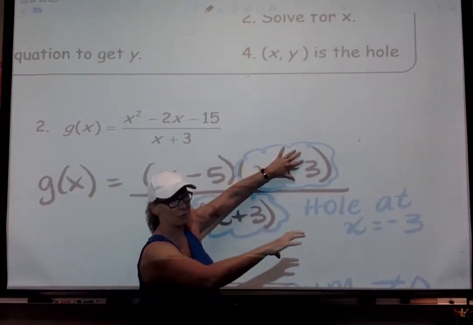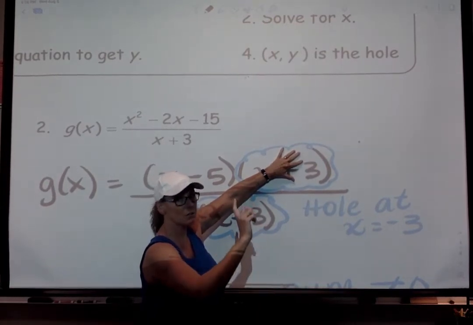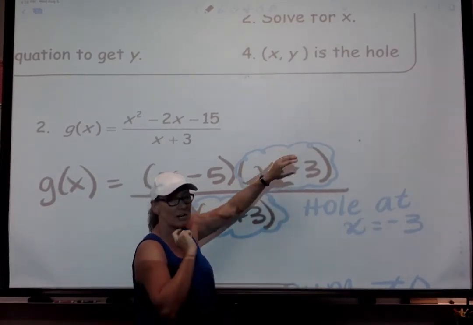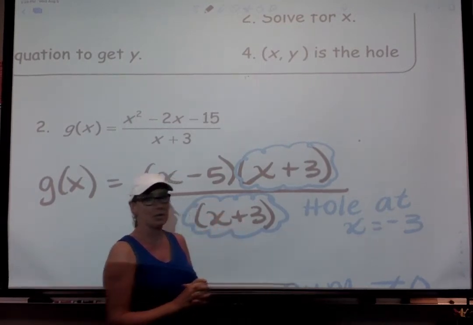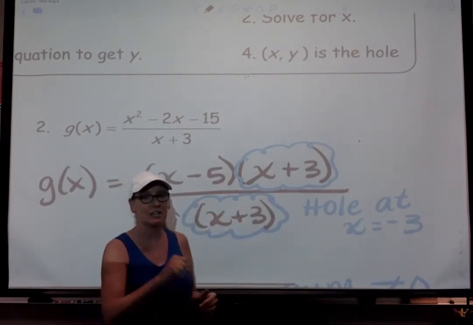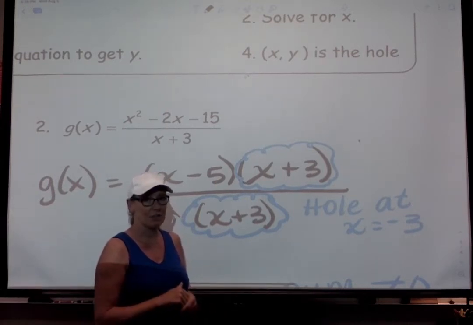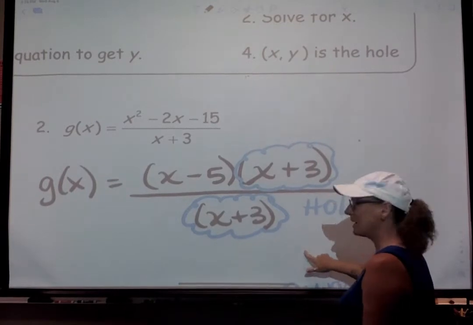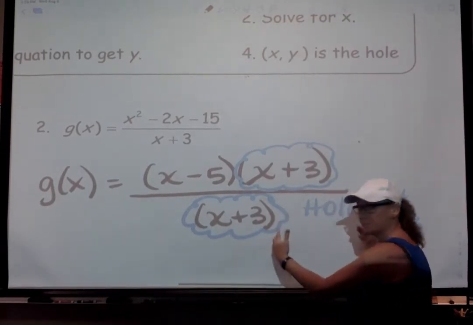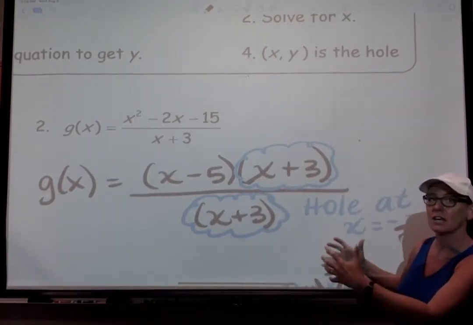And my numerator would be 0. There's a hole at negative 3. There's a hole in my graph. There's an open circle when x is negative 3. There's nothing filled in at negative 3. There is no ordered pair with x equal to negative 3. Doesn't exist. There's nothing there.